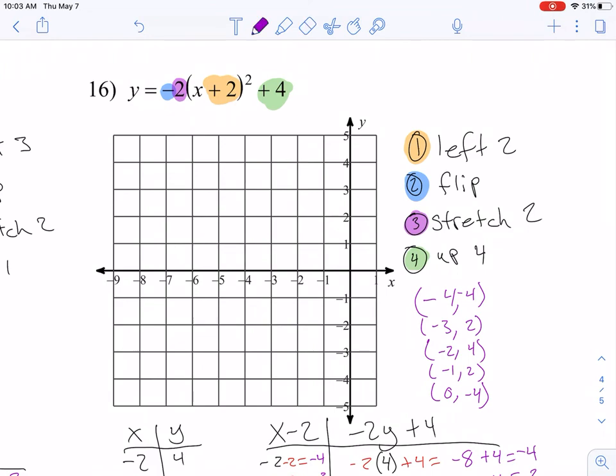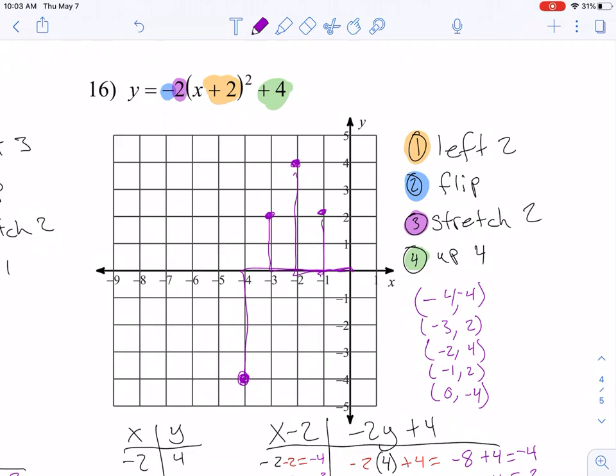So let's see what happens. Negative 4, negative 4. I have negative 3, positive 2. Negative 2, positive 4. Negative 1, positive 2.